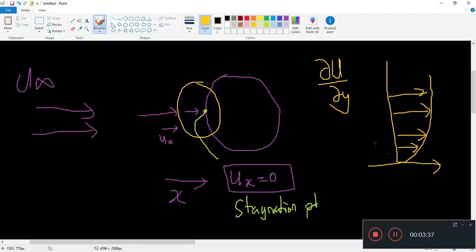Large normal strain is just this velocity gradient. We call it a strain rate of sorts. So this is the large normal strain, and this velocity gradient tends to produce turbulence.